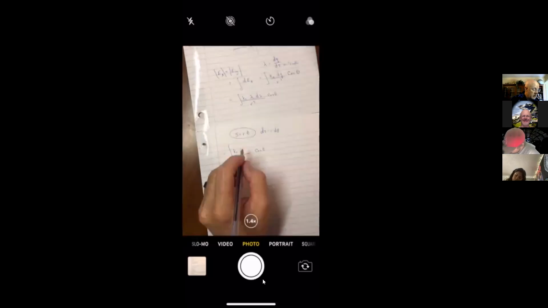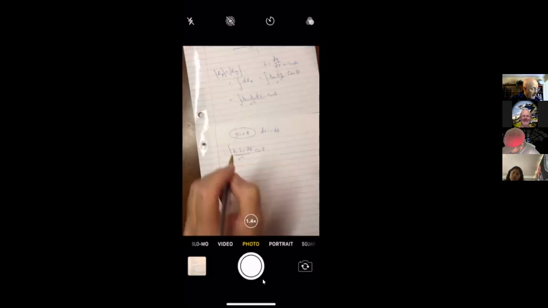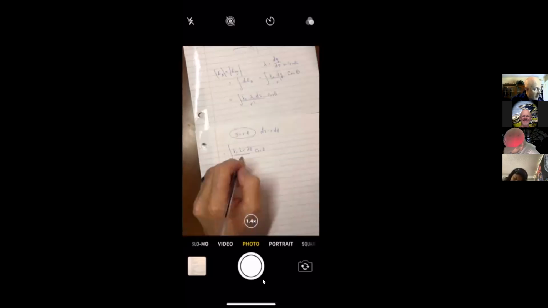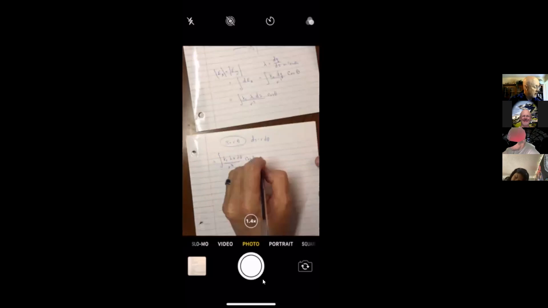And so I can replace my ds with r d theta. And once I do that, one of the r's upstairs and downstairs cancels off.